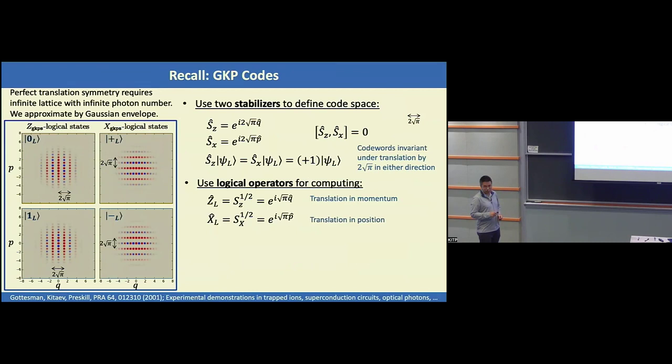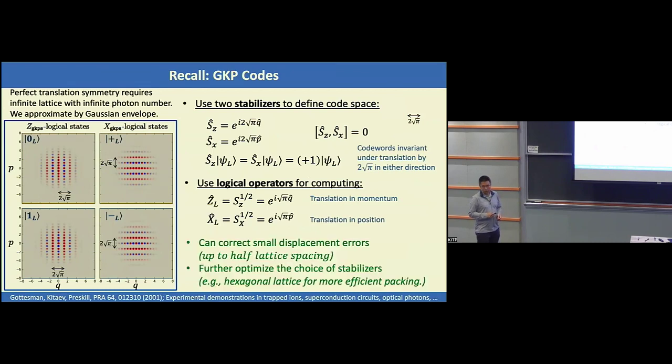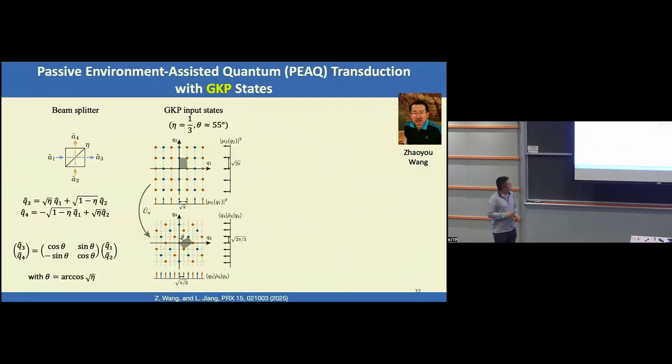Okay, now we can consider the beam splitter, and for simplicity, let's assume that the beam splitter only consists of real elements that only mix between the position and the position, or the momentum and the momentum. In this way, we can write the output position. It's just a linear combination of the position 1 and the position 2.